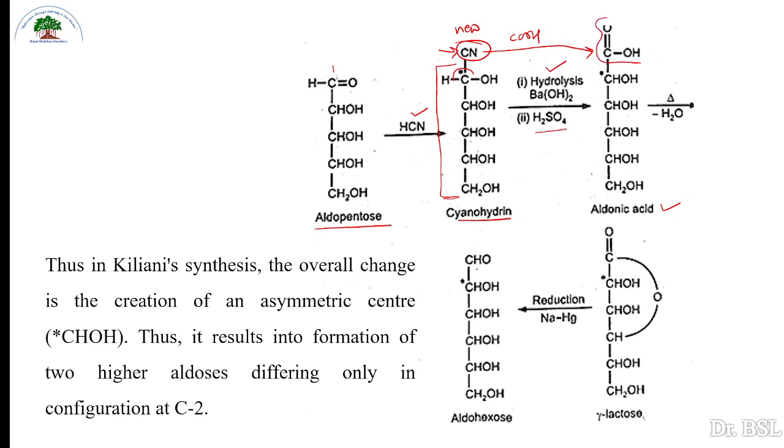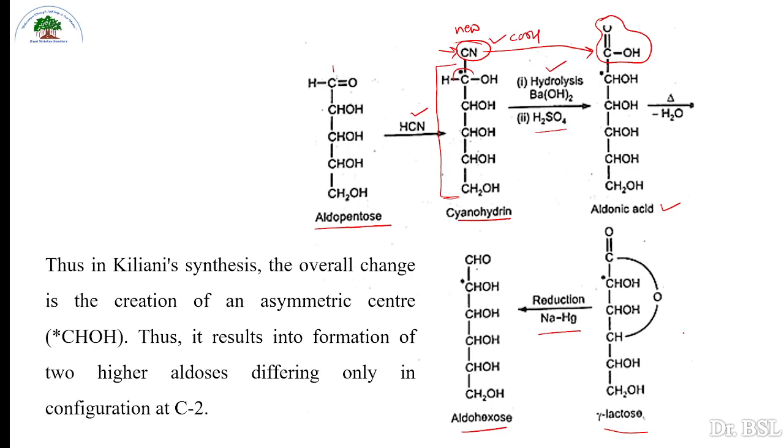This carboxylic acid group is formed from the CN group. And then further dehydration takes place and we get the cyclic compound, that is gamma lactone. This gamma lactone, upon reduction with sodium amalgam, that is NaHg, we get aldohexose.